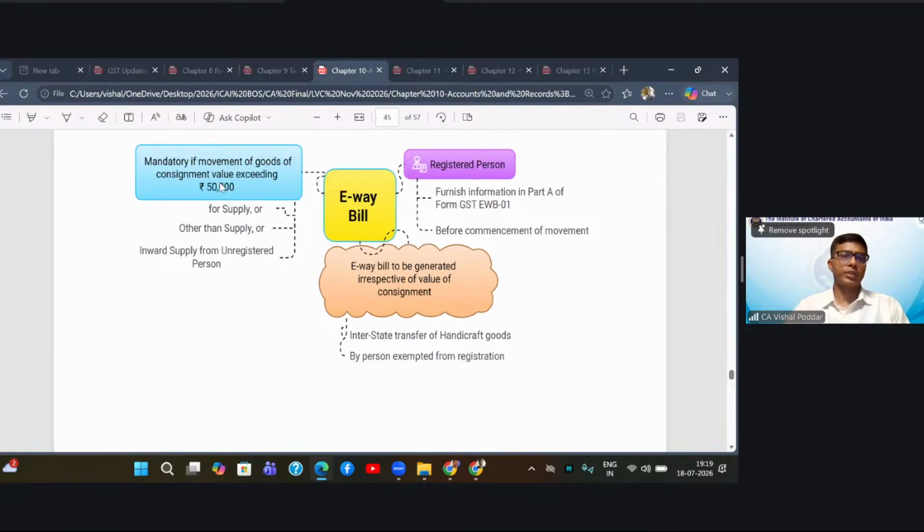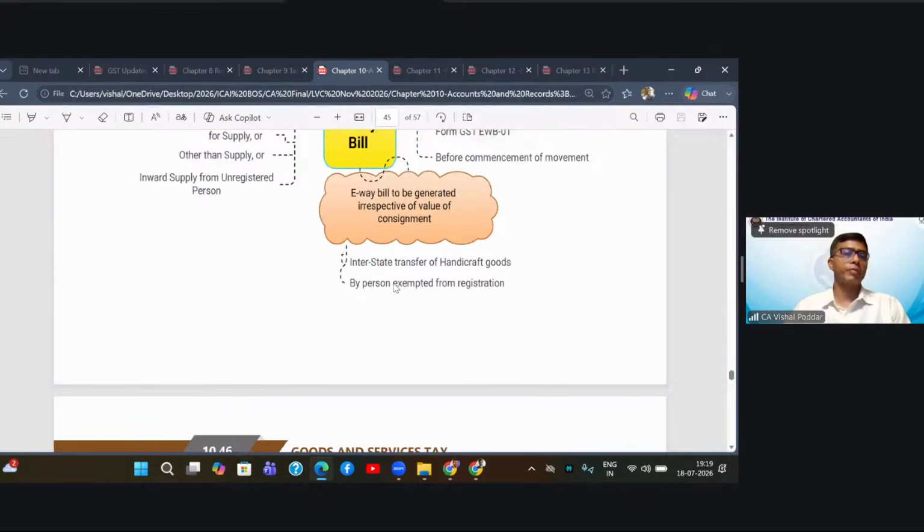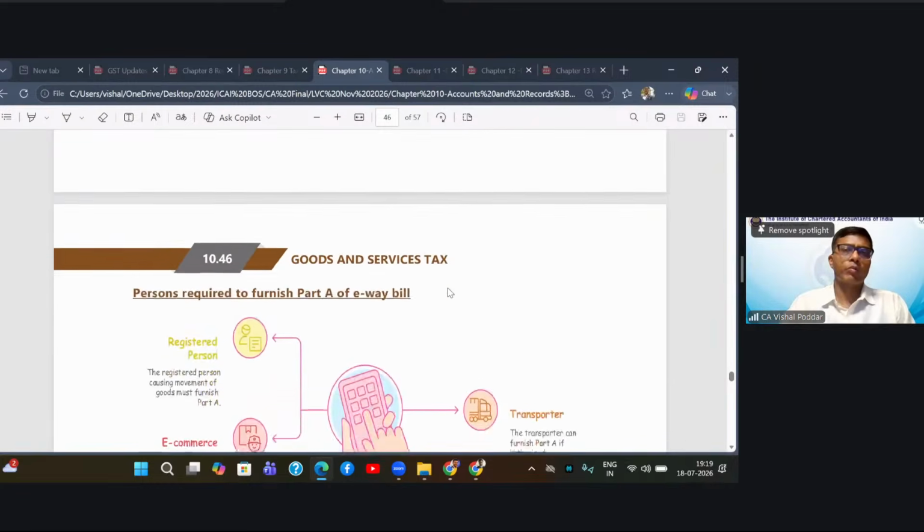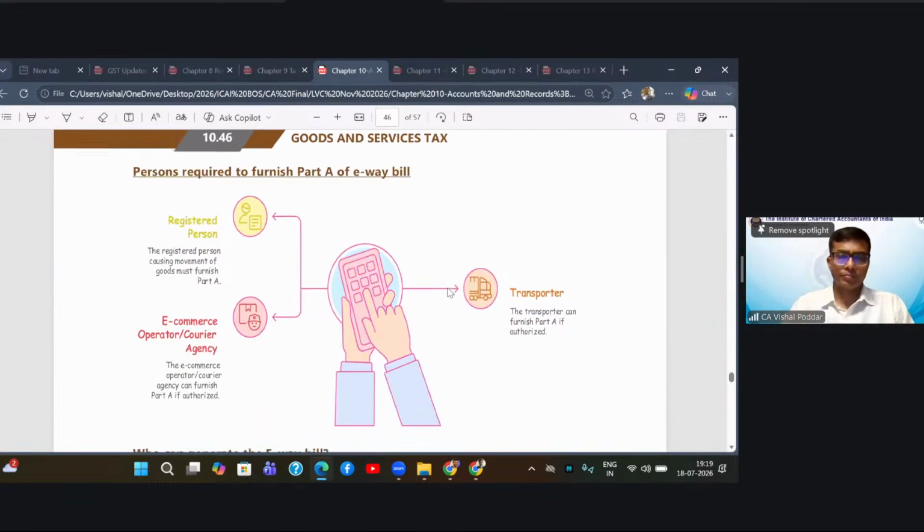So first rule was if it is exceeding 50,000, you have to generate. But even in cases where it has not exceeded 50,000, you will have to generate an e-way bill. But in what cases? First, the case is that there is interstate transfer of handicrafts, and second is by a person who is exempted from registration. So where a person who is not required to take registration has sent handicrafts to another state, irrespective of value, you have to generate an e-way bill.